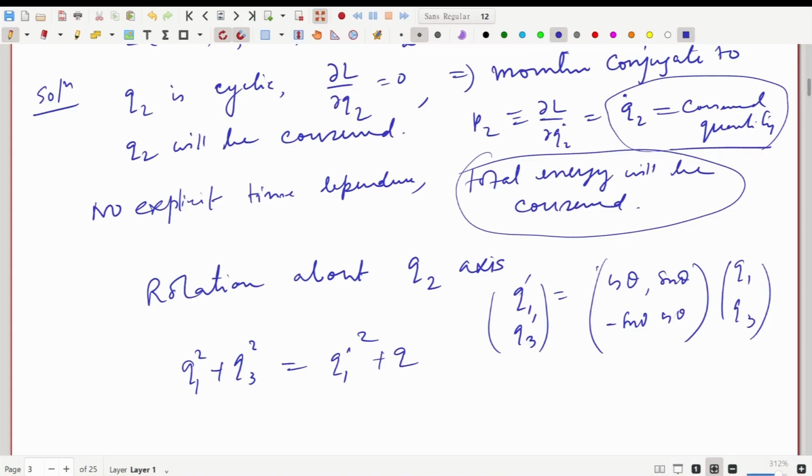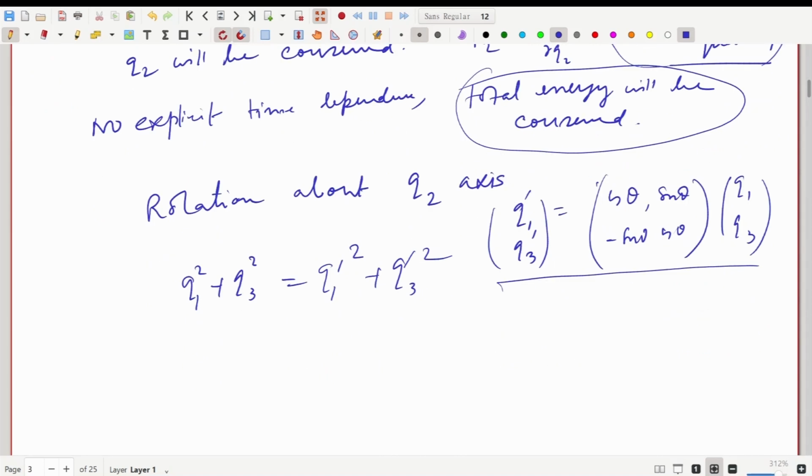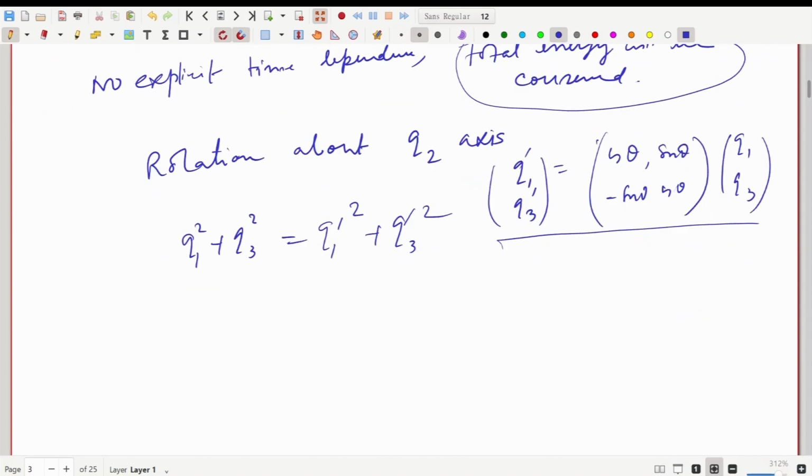There will be changes in the q1 q3 plane, and you can see that q1 square plus q3 square will be q1 prime square and q3 prime square. So we find that rotation about q2 is a symmetry.